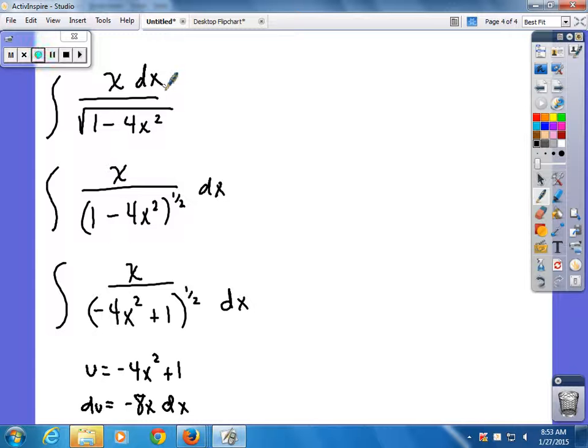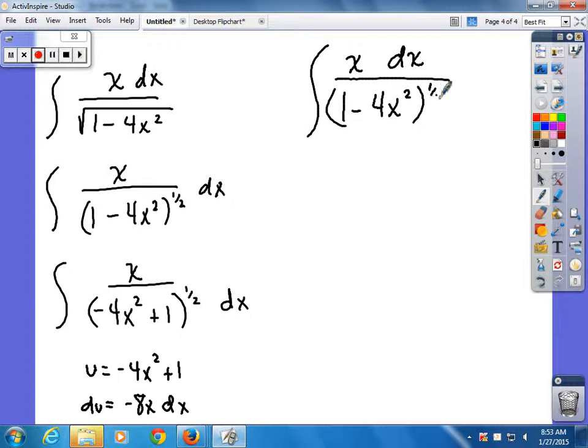You need a negative 8. Well, if you need a negative 8 in here, let me just rewrite it over here. x dx over 1 minus 4x squared to the 1/2 power. If you need a negative 8 right here, what do you need out here?